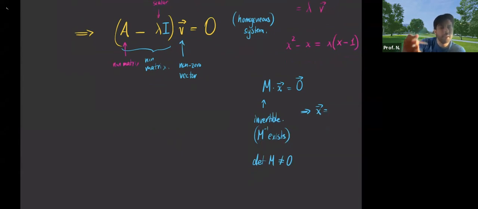What does that mean about the solution to an invertible matrix in a homogeneous system, as the one that I've just written here? Maybe I didn't stress this enough. But when I try to solve this, how would I solve it? I would multiply both sides by what? The inverse?